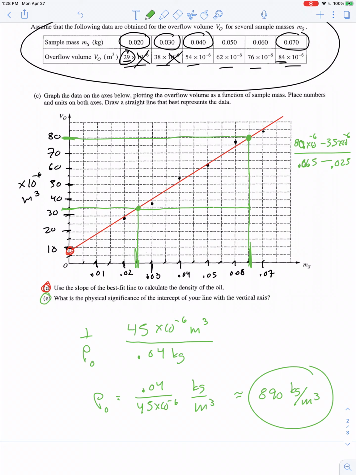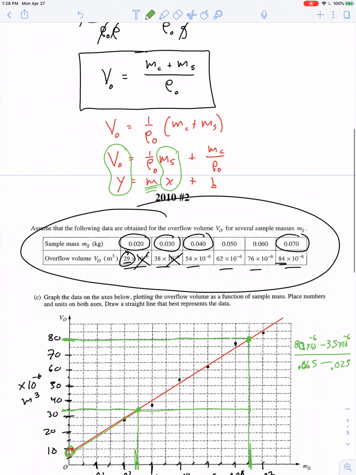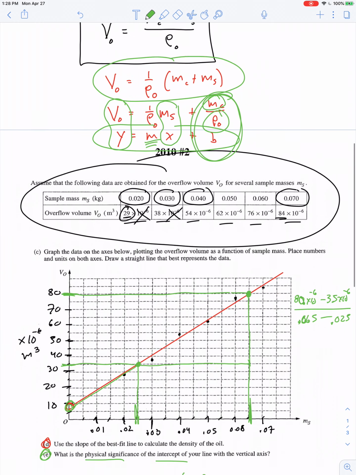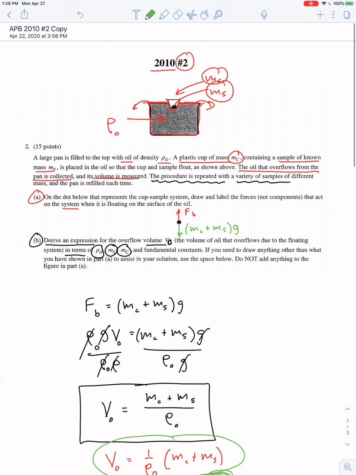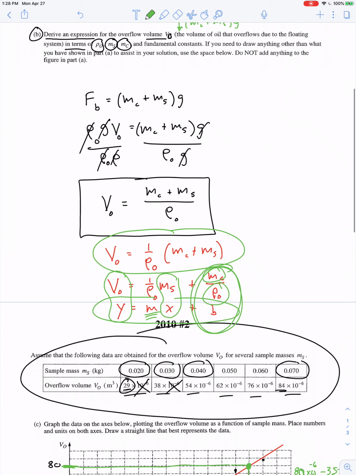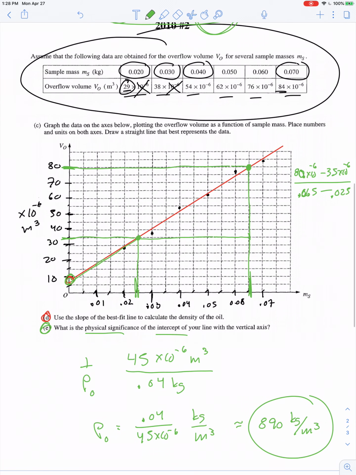Okay, and then the last question, what's the physical significance of the intercept? Well, again, comparing our derived expression to the equation for a line, we see there should be a y-intercept equal to the mass of the cup divided by the oil's density. So the fact that the cup wasn't massless is the reason that our best fit line doesn't hit the origin.